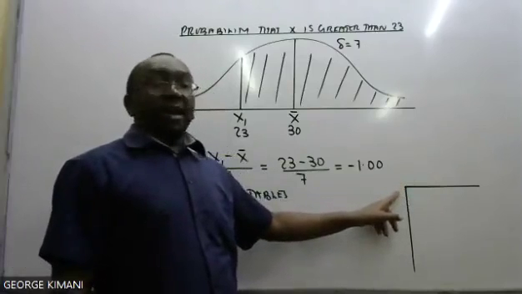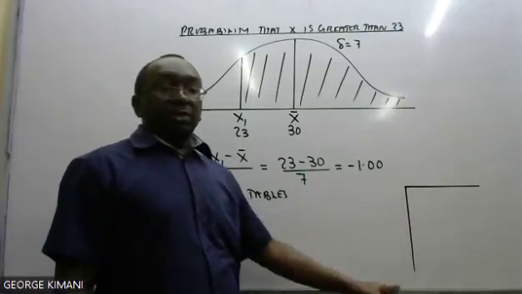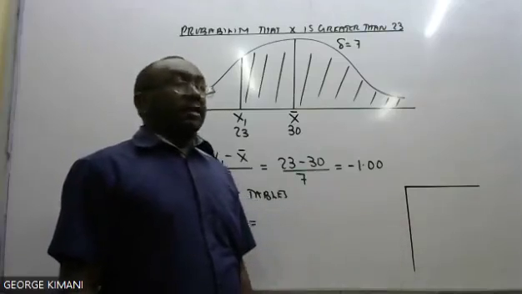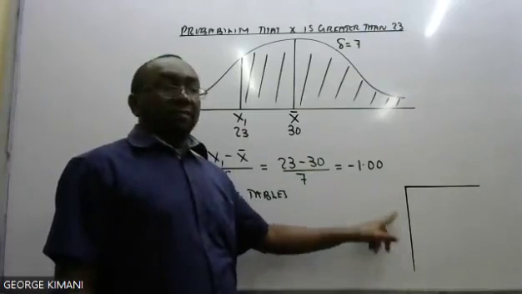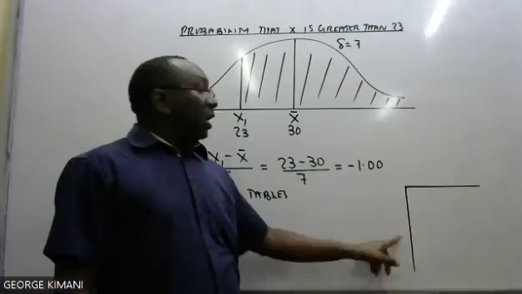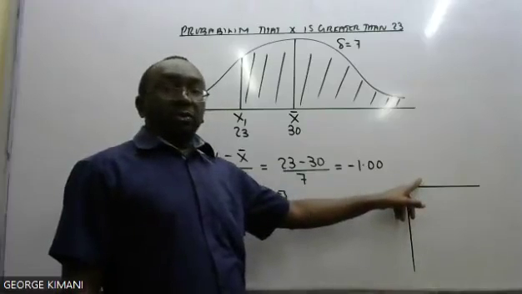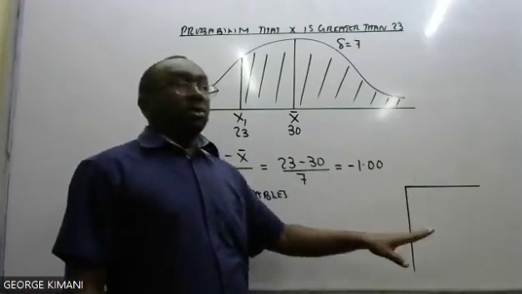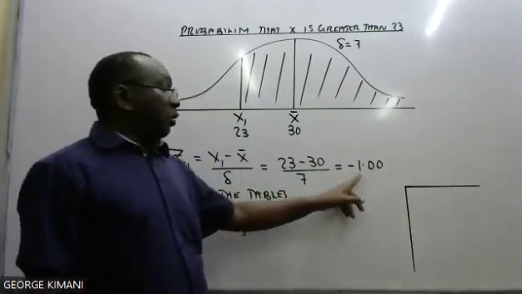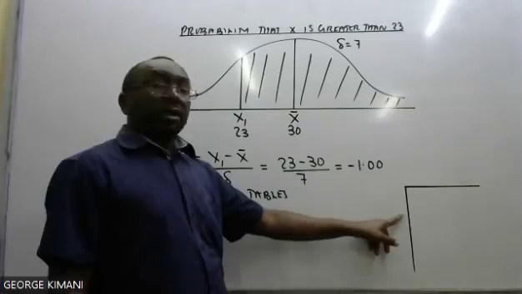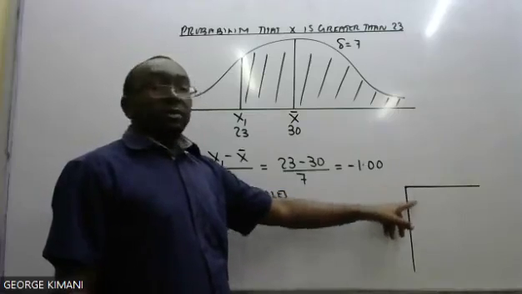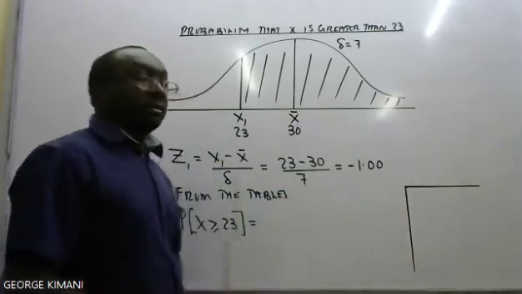This side has values starting from 0.0 running all the way down. The ones here are the first decimal, the value of z to 1 decimal, and the ones at the top are the second decimal. So what you do is go to where there is 1.0, then go to column 0 and read what is there.